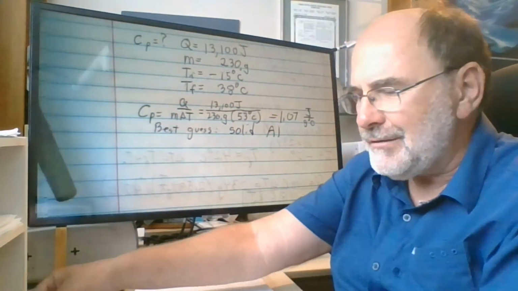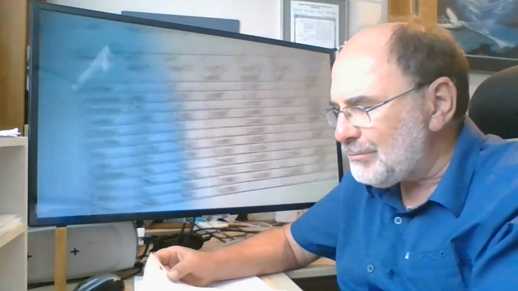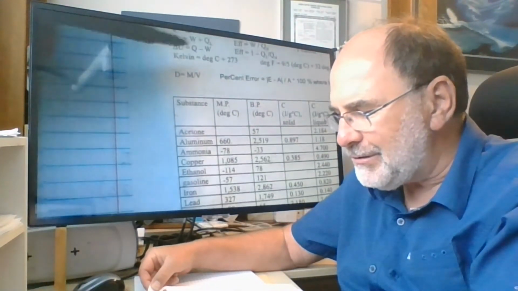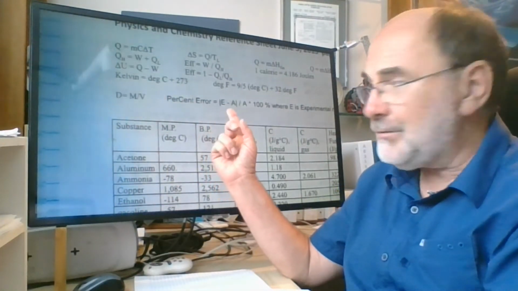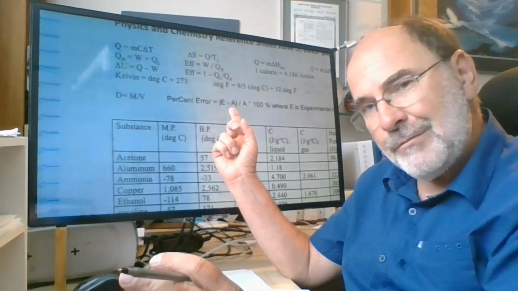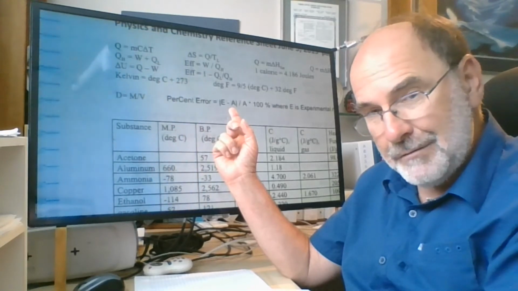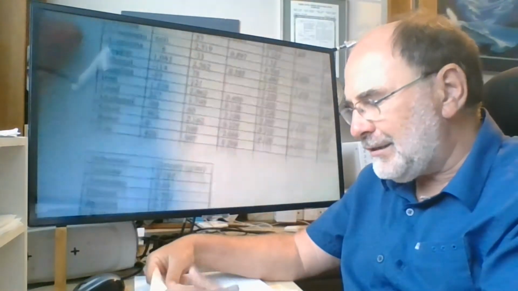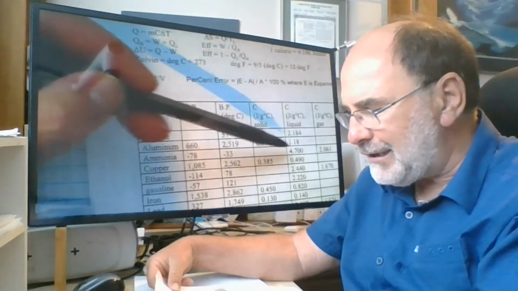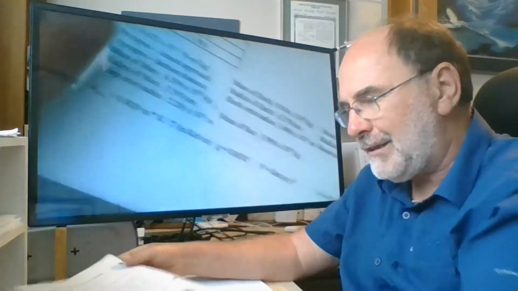Because I coincidentally came so close to it, the next challenge question is, what would be the percent error? That's something that was covered in chemistry course, and percent error is equal to the difference between what's accepted and what you measure, divided by accepted, times 100%. So let's treat this table as being the accepted value of 1.18.